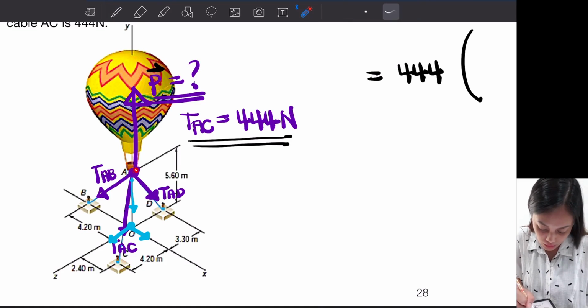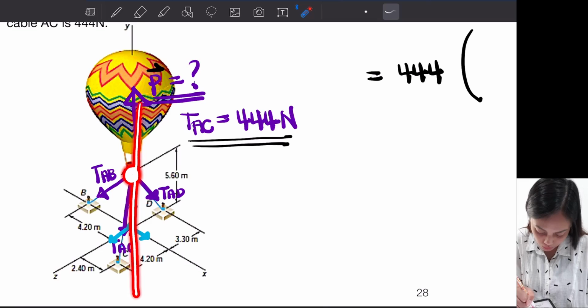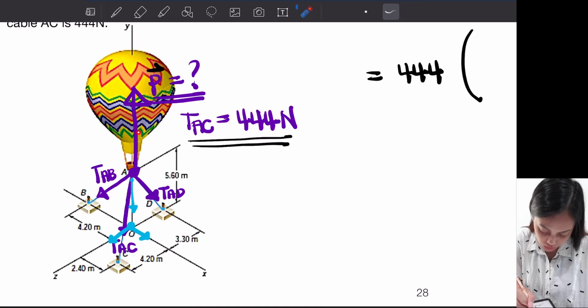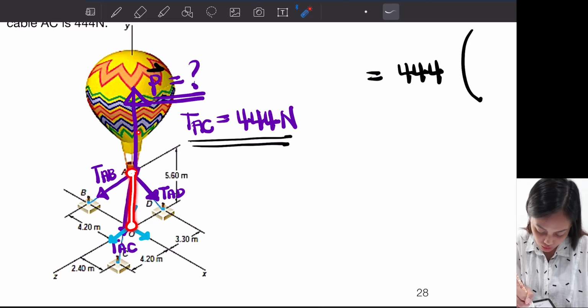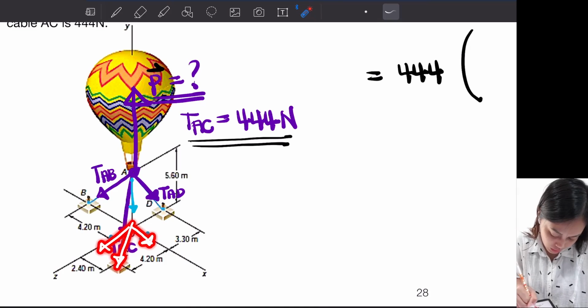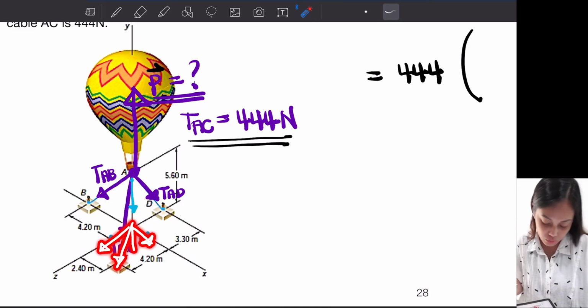A, kani siya ang center. Ang atong force gikan dira padulong sa C. So, along x, iyahang distance, A to C. So, iyahang x component, iyahang z component, ug iyahang y component na downward.